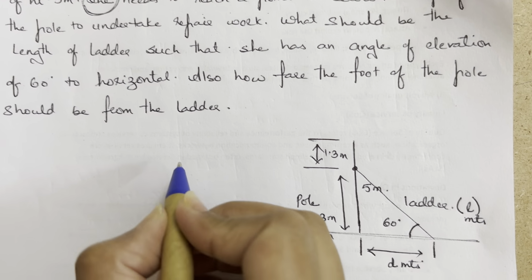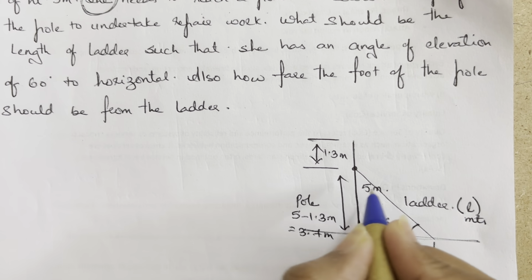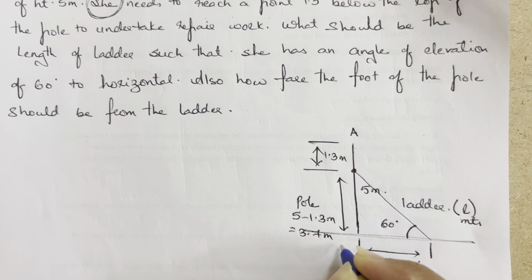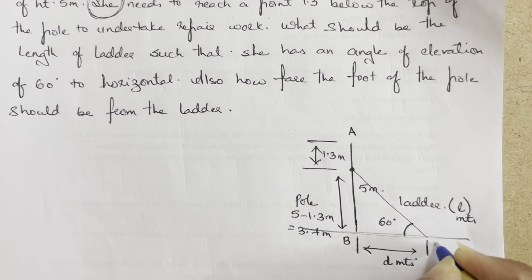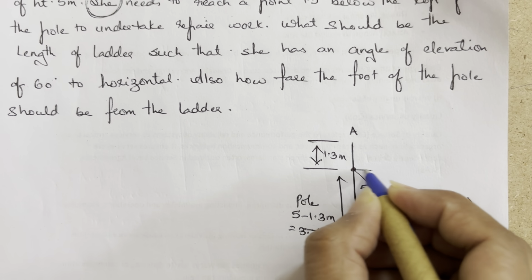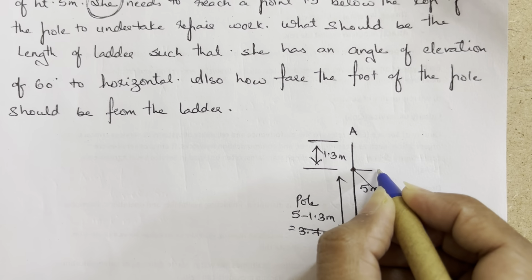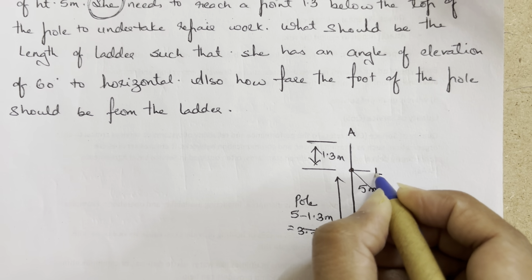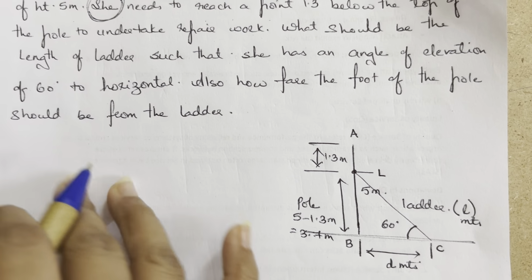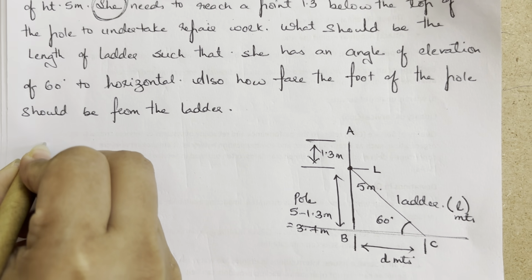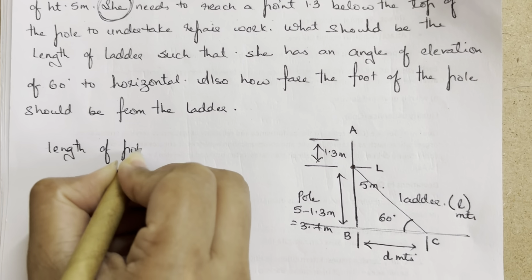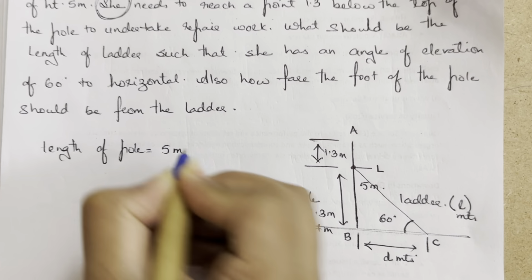Okay, now this is the figure that I've got. So let's name the points. Let the pole be named as A. B is the complete pole and C is the point of observation. But here somewhere we are supposed to reach. Let this point be named L, because the ladder is reaching here. So let me just first write down the information. Length of the pole is equal to 5 meters.